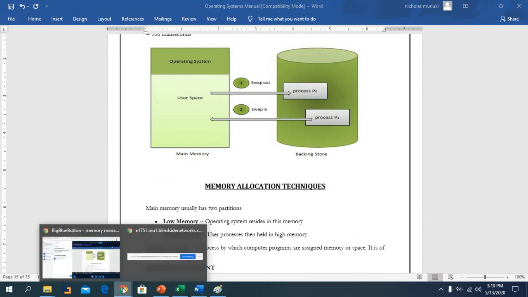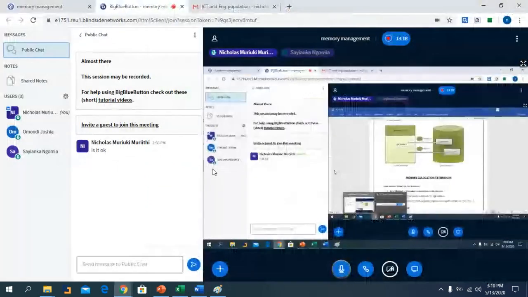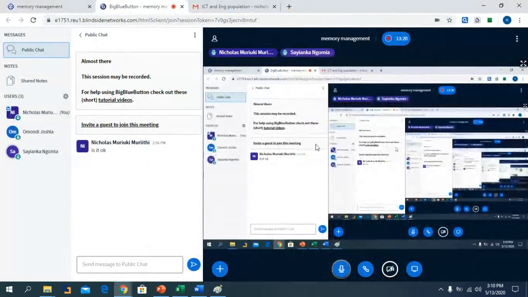Let's try to understand that when you look at memory management, the function or activities of an operating system is always to make sure there is allocation of the memory, and then keeping track of the memory when it is used and when it is supposed to be used.